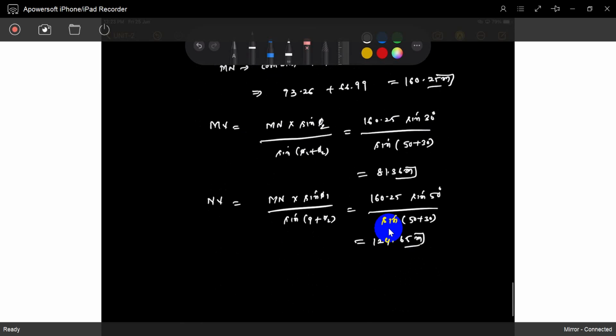Now you can find the total length of the smaller side tangent.